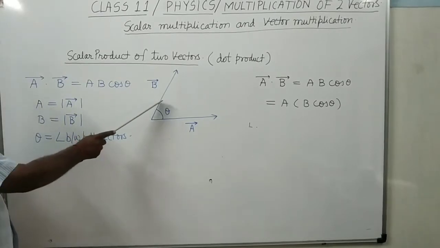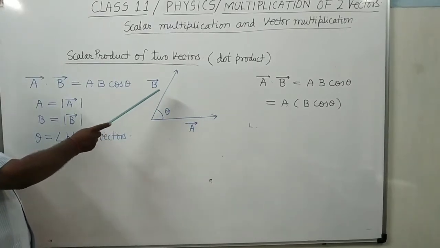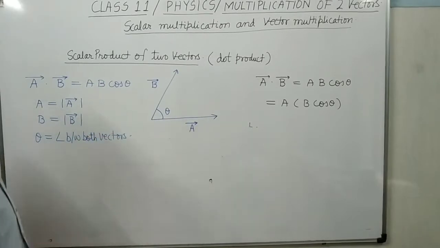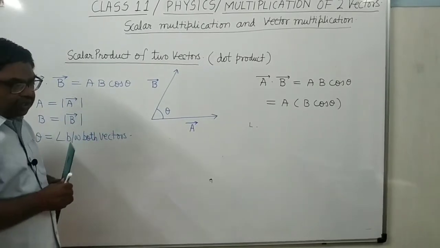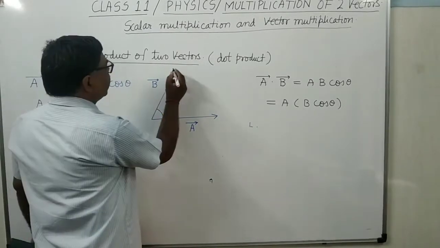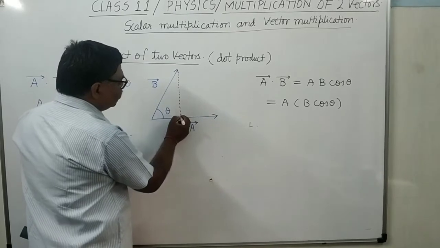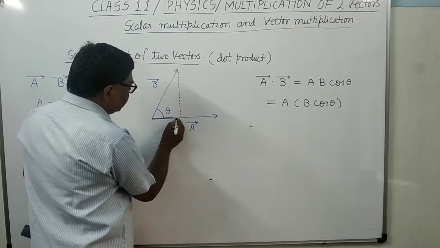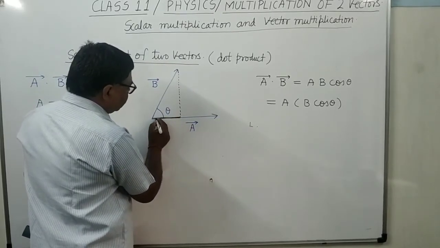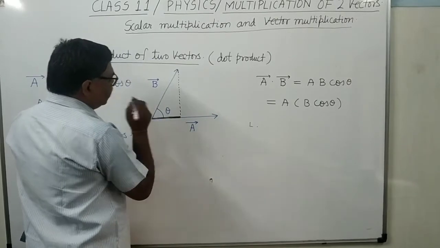B cos theta is the component of vector B along vector A, along the direction of vector A. You can see here, this part is B cos theta.